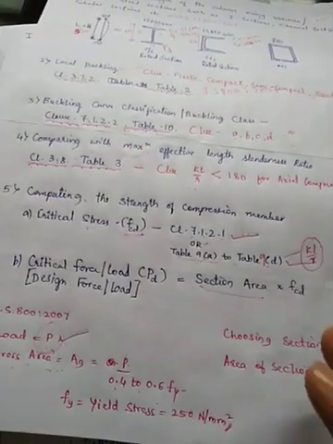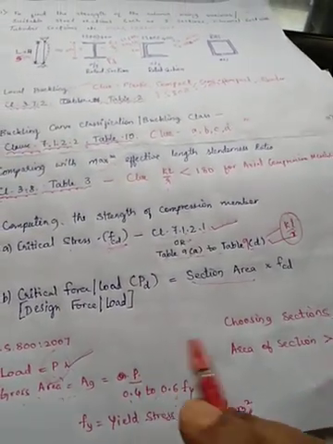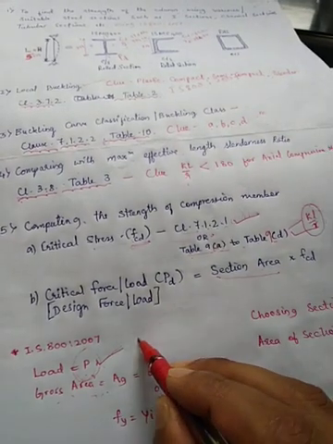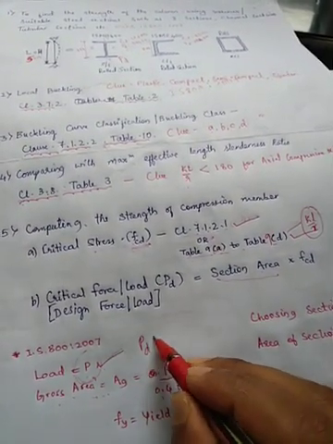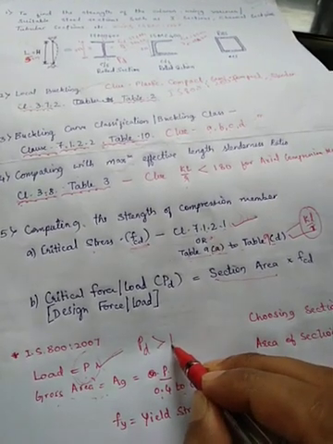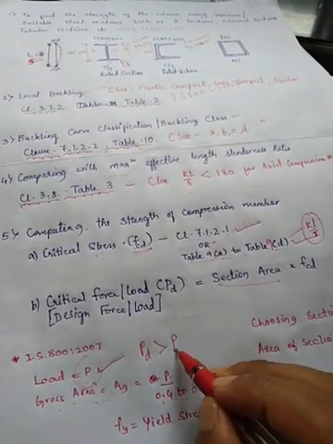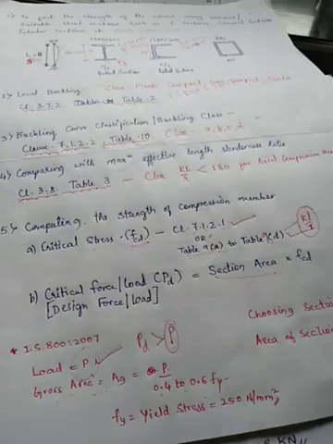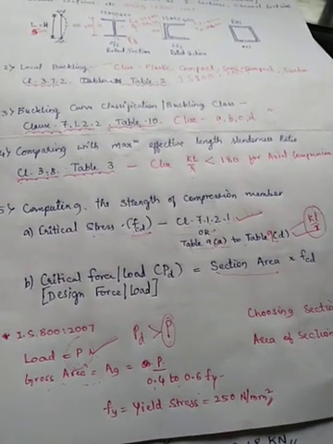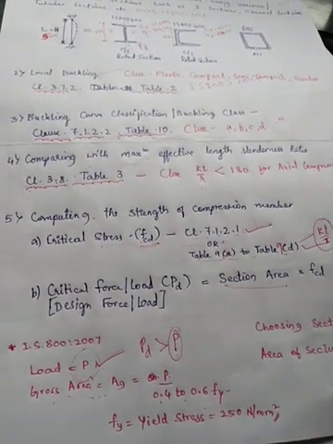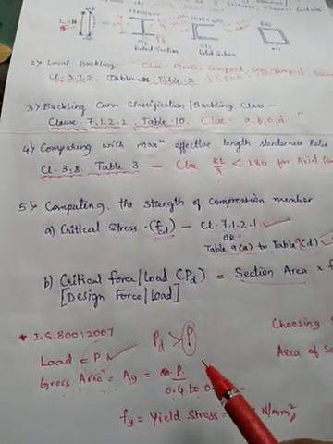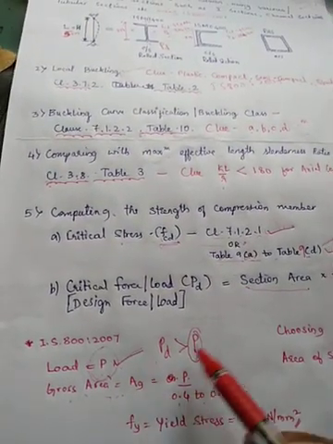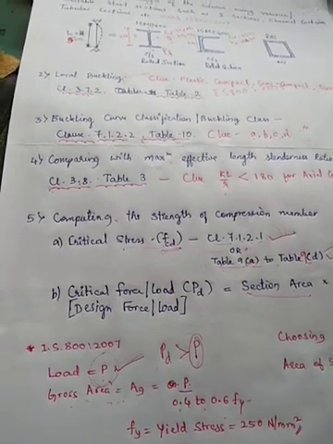The section I choose should have a load carrying capacity, say Pd, greater than the load on the column. So let's look into an example. Let's try to understand how to solve this type of problem.